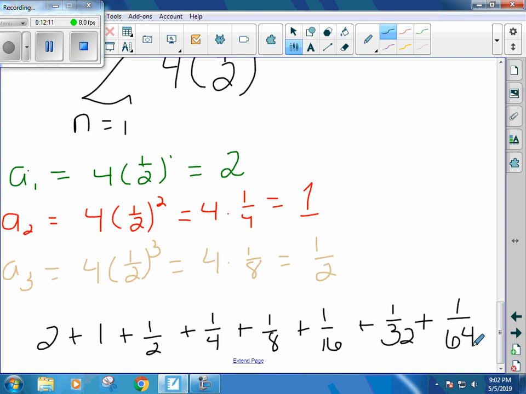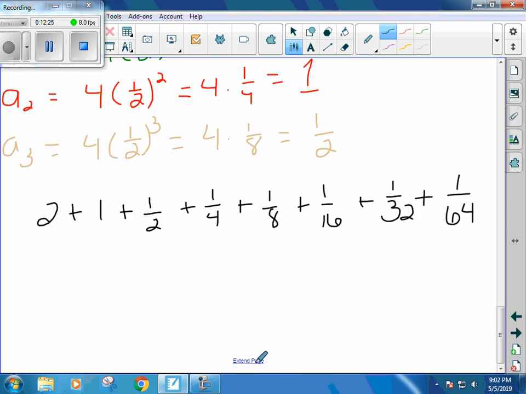And as I start adding these together, I get closer and closer to 4. The actual answer my calculator said was 3.99999 something. This is called the limit of the series. It means my series is going to get so close to 4 that it is basically 4.